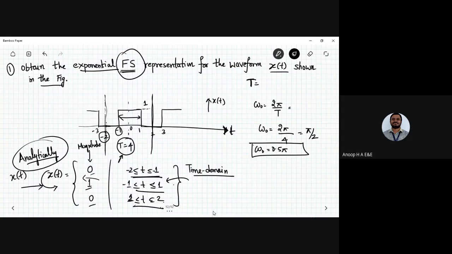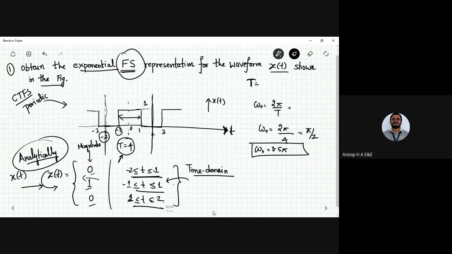So why I am telling you this again is, if they tell you to write it analytically, once the given waveform is said to be periodic, you need to write it in an analytical manner. So this is the periodic signal, and it is said to be a continuous time Fourier series representation for a periodic signal.